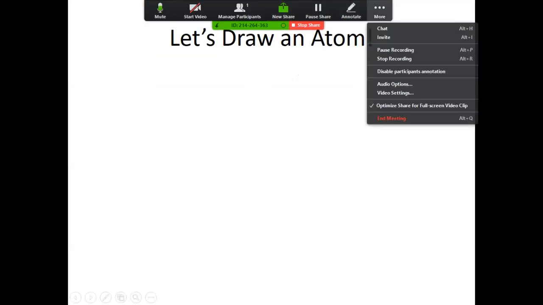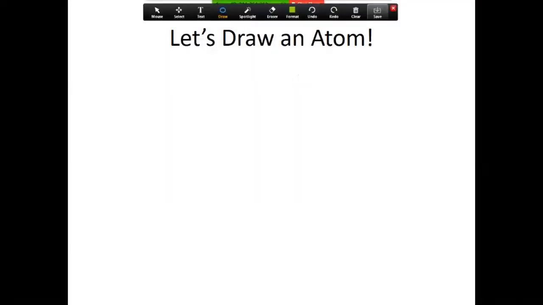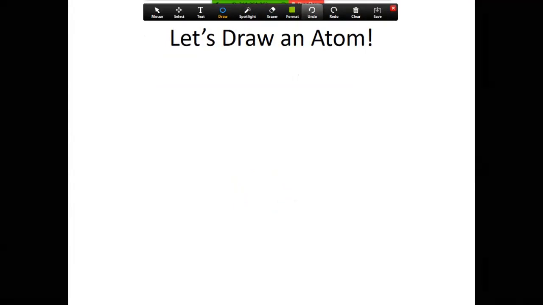Okay, so we are going to draw an atom here. We're going to put a nucleus here. Oh, let's get a different color.